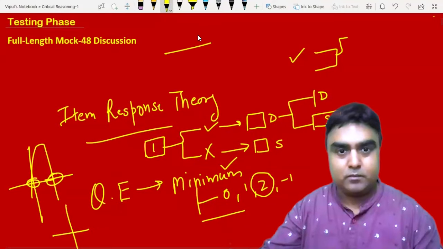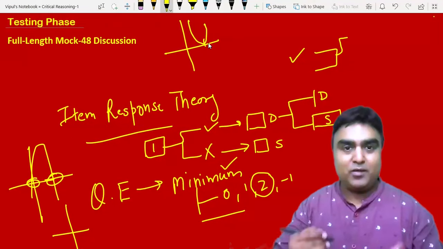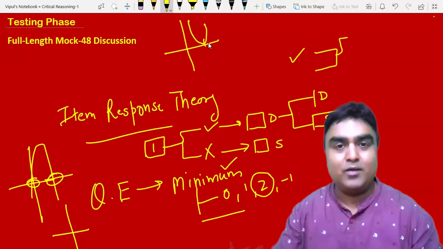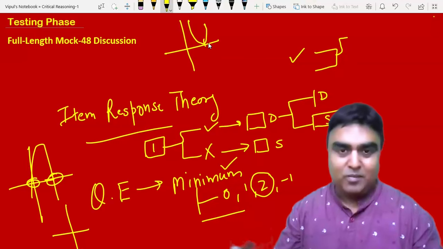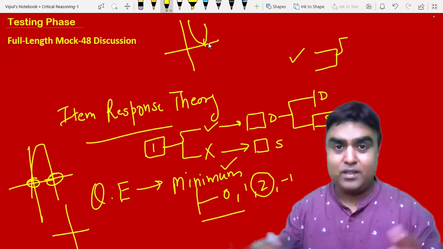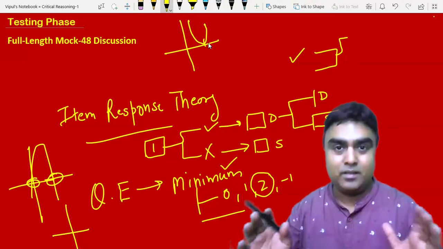Such a situation can also happen. Let's say it just touches. So the point I'm trying to say is the question might look very easy to you: it's a quadratic question, it's about roots, and I know the answer. But just the addition of the word minimum will change the whole game.